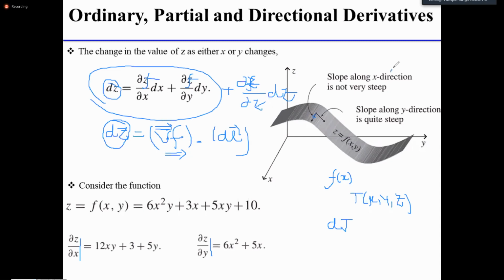Like I took the case of a mountain. If you are standing at this point here, and the mountain height is given by z, which depends on x and y, then at this point you can see that the maximum change in z will happen in this direction, not in this direction.